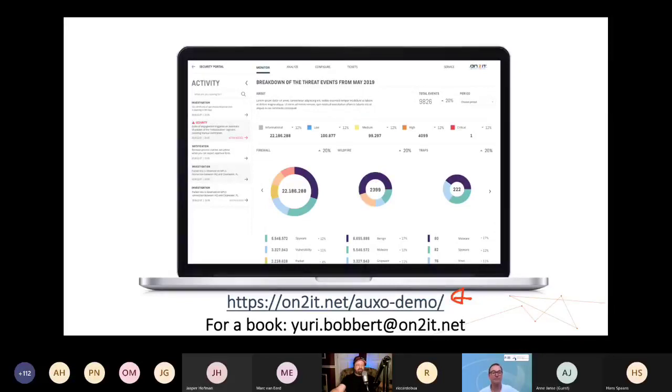The traditional SOC SIEM does as little as possible to meet the SLA. That's not very effective. But I joined because there's a whole different paradigm there. So if you want to see that paradigm, go over here to the demo and get a demo, and see how different it is.